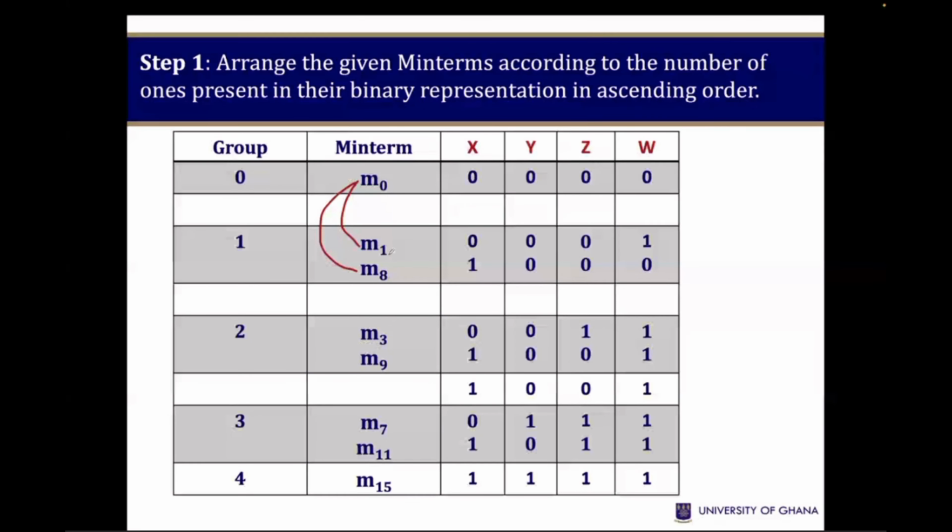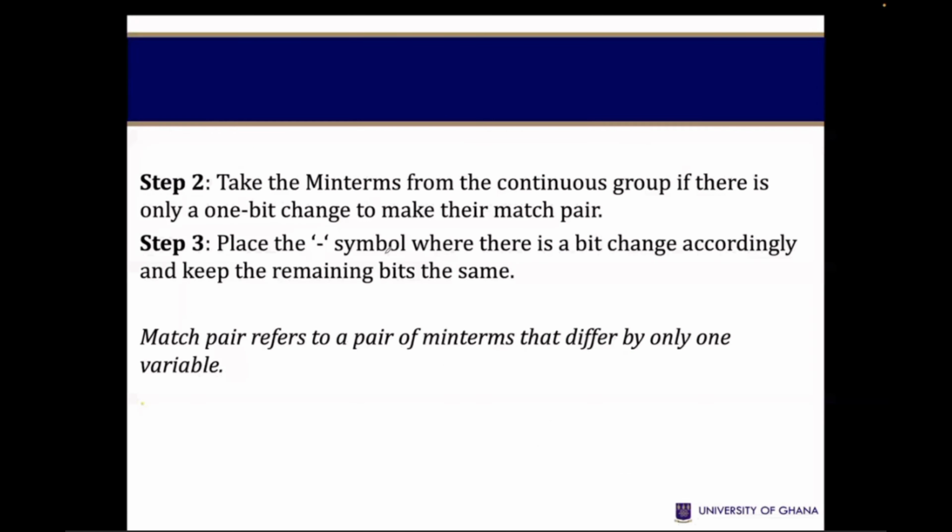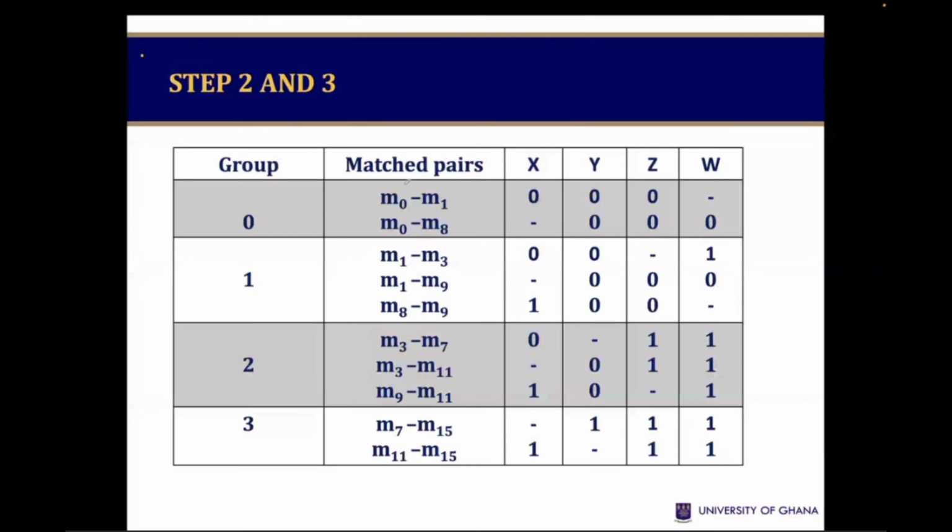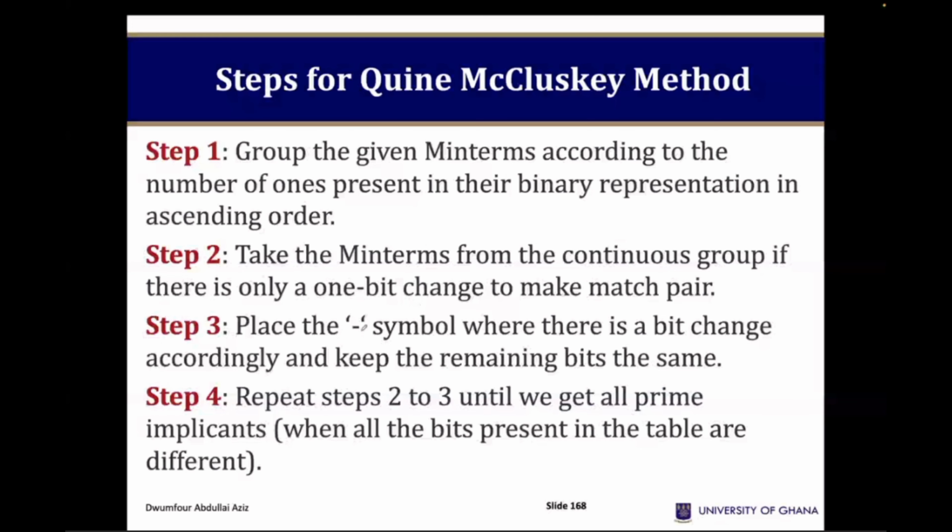This is the way we write it. So M0 and M1 have a match. And if they have a match, we will put dash where they differ. That's what this was saying: place a dash symbol where there is a bit change accordingly and keep the remaining bit the same.